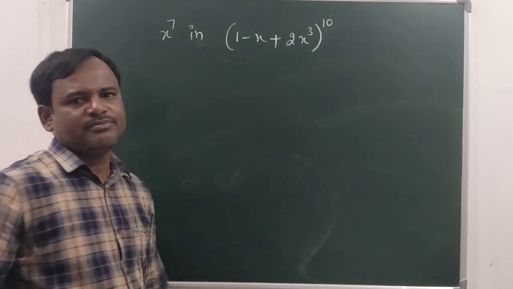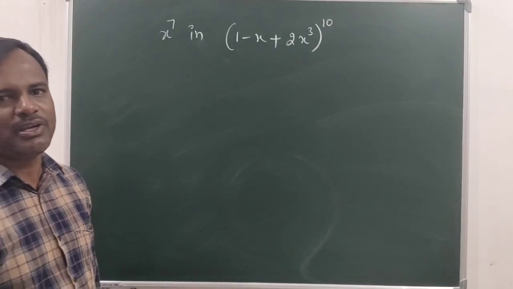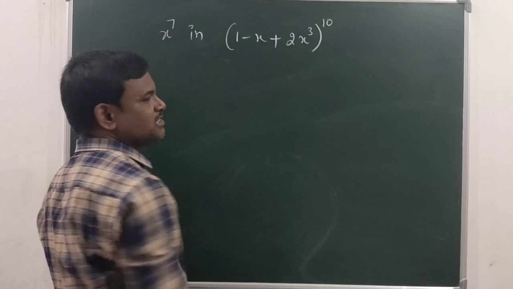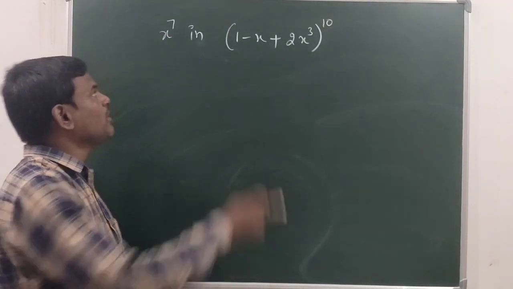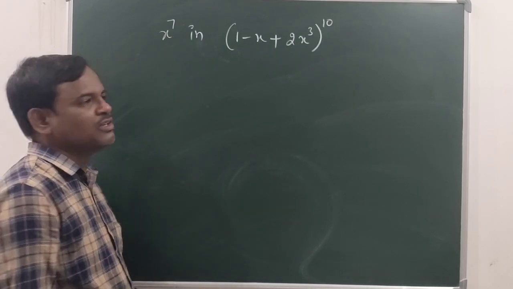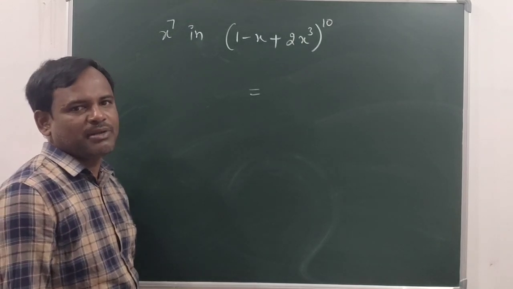Here, there are 3 terms in the base. Not binomial, it is trinomial. Whole power 10 is there. Now we don't want a total expansion. We want the coefficient of x power 7. So in this type of problems, we have to apply the multinomial theorem.